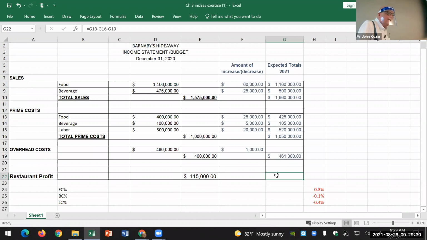Say that louder. 149,000? Yes, 149,000. So that's the 1.66 million minus the 1,050,000 minus the 461,000.